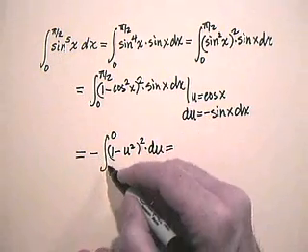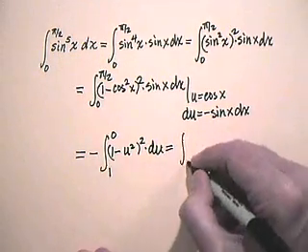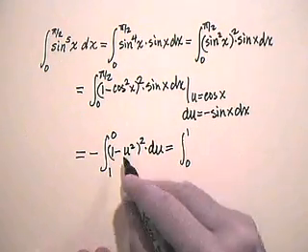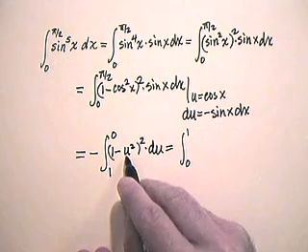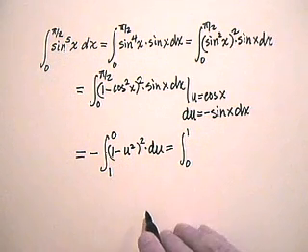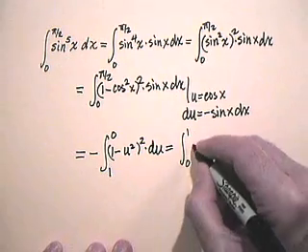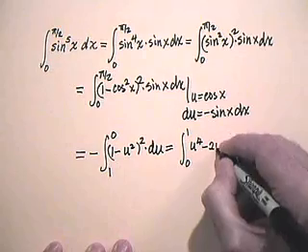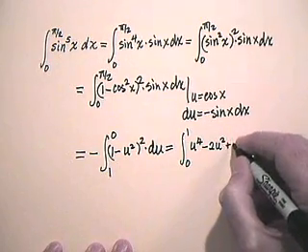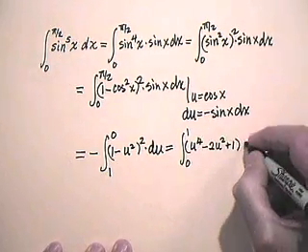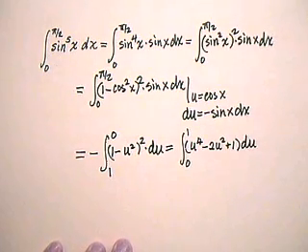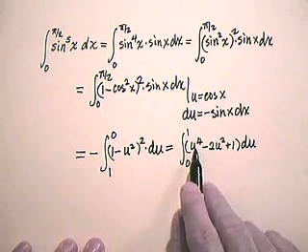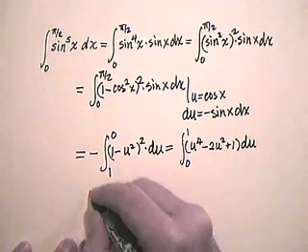And so after substitution, our integral has simplified completely to the problem of integrating a polynomial. Of course, negative integral from 1 to 0 is the integral from 0 to 1, and we need to square this polynomial. The square of 1 minus u squared, that's the same as the square of u squared minus 1, which is u to the 4th minus 2u squared plus 1. And so consequently, this is now an easy application of the power rule for antidifferentiation.